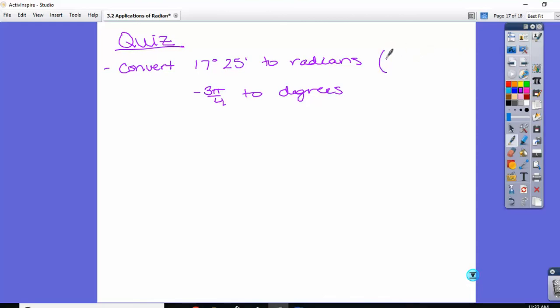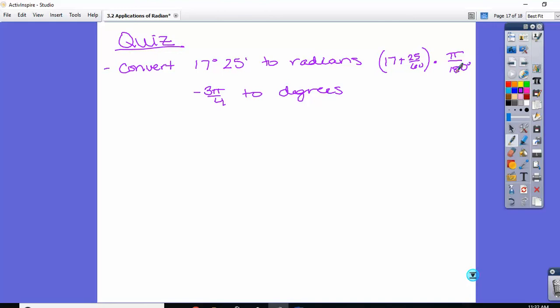Okay. So if I were putting this in my calculator, I'd have to do 17 plus 25 over 60. It's in degrees, so you want your degrees to cancel, so you multiply by pi over 180. Usually I try to leave off the pi if I can.